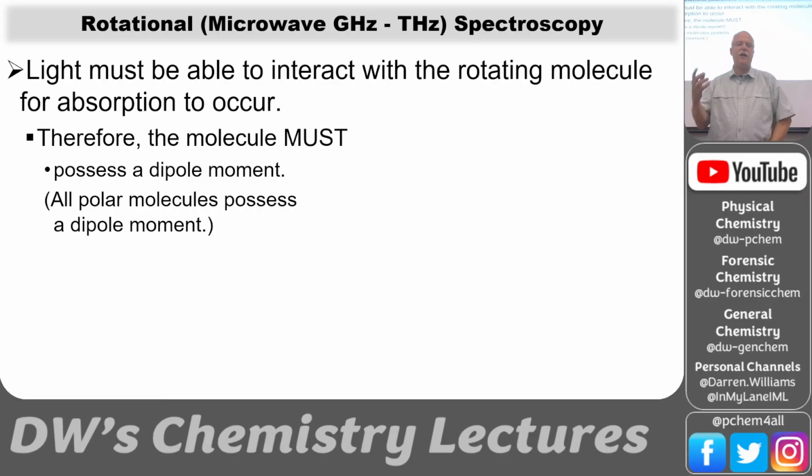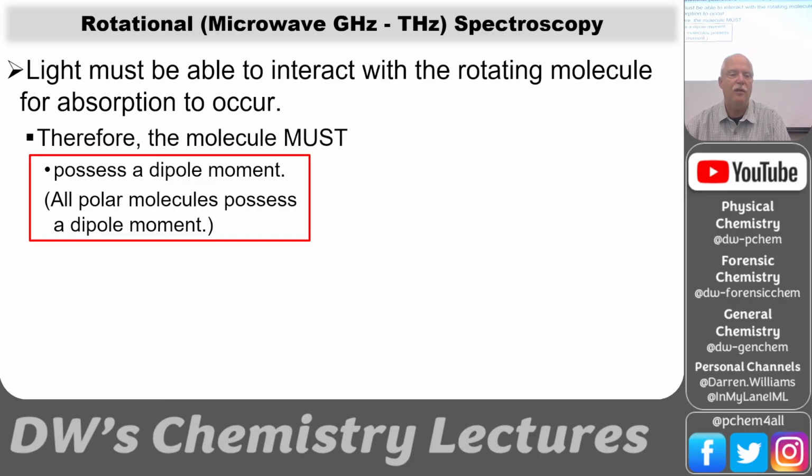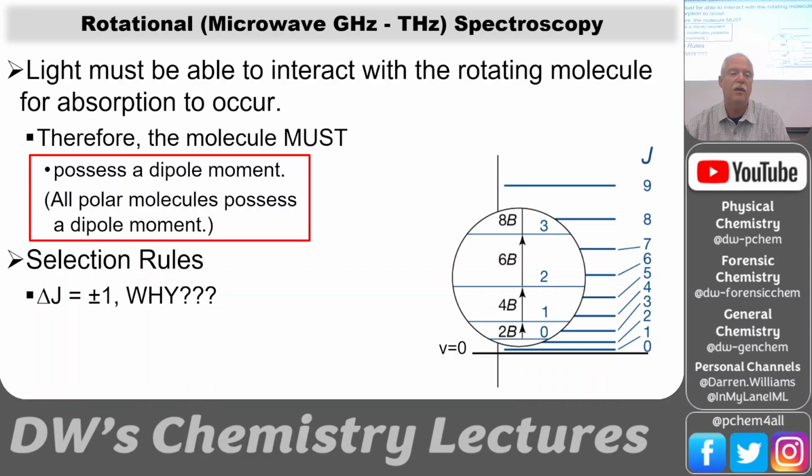Light must interact with a rotating molecule. We're not talking about vibrations, we're just talking about the molecule spinning in space. A molecule must possess a dipole moment for it to directly interact with one photon of light. So this is something you must identify in a molecule if you're going to do rotational spectroscopy in the microwave.